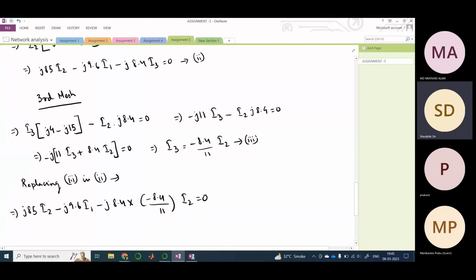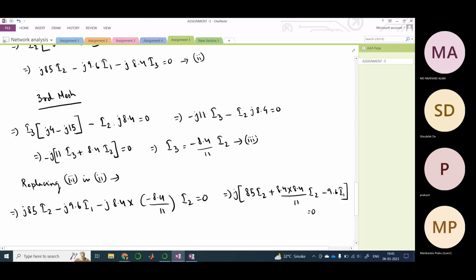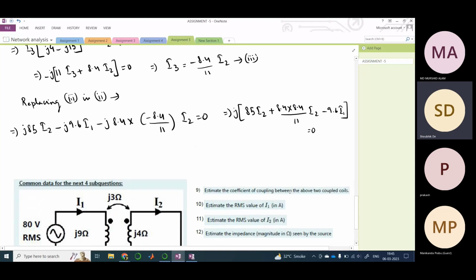So let us take J common. What would it be? I2. This minus and this minus would become plus. This should be 8.4 into 8.4 divided by 11 I2 minus 9.6 I1, equal to 0. So this would be what? Can anyone help me?